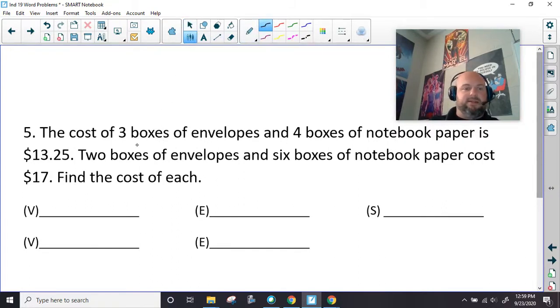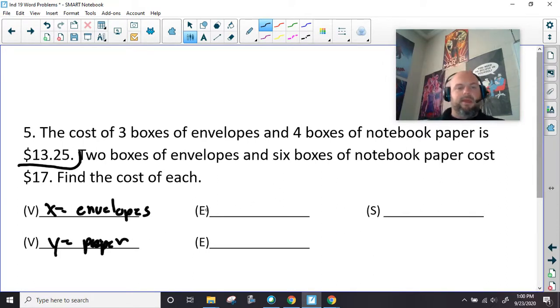Ooh, here's a good one. The cost of 3 boxes of envelopes and 4 boxes of note paper is this. All right, so let's stop right here. So let's say that x equals envelopes and y equals paper. Okay, notebook paper.